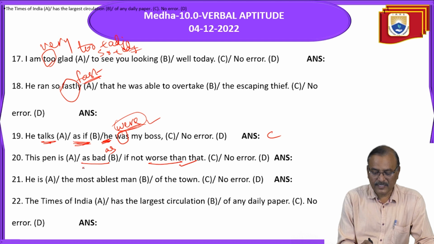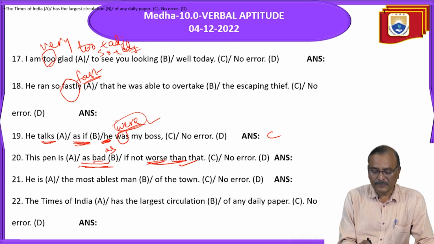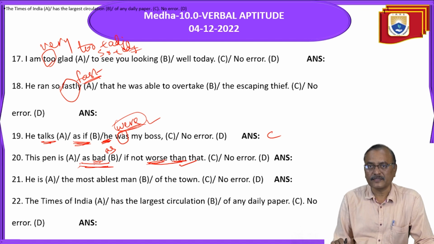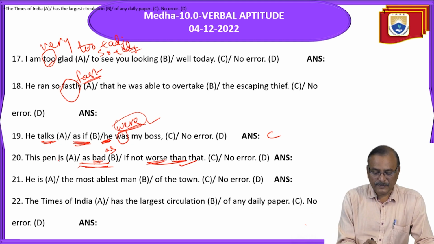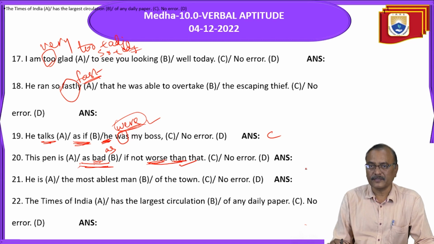So the mistake is in this part, because after "worse", a comparative, "than" comes. Bad, worse, worst. Here in the positive, before the adjective "as", after the adjective also "as". As good as, as bad as, as tall as. Right? So this pen is as bad as, if not worse than that. So the answer is B.